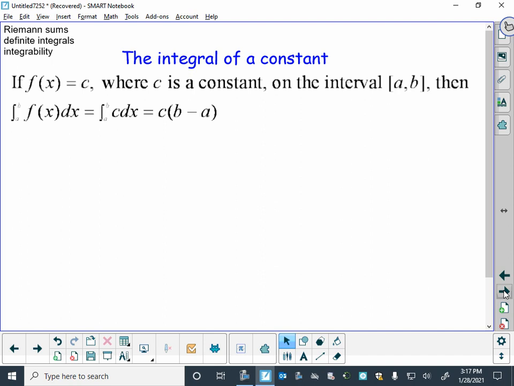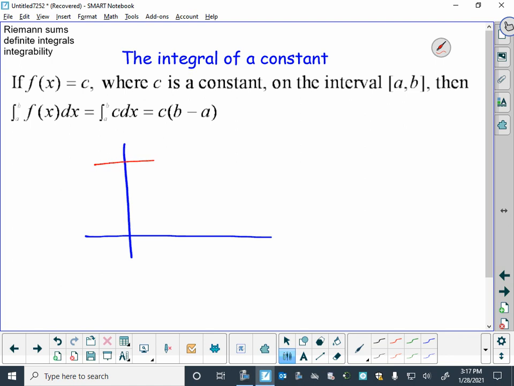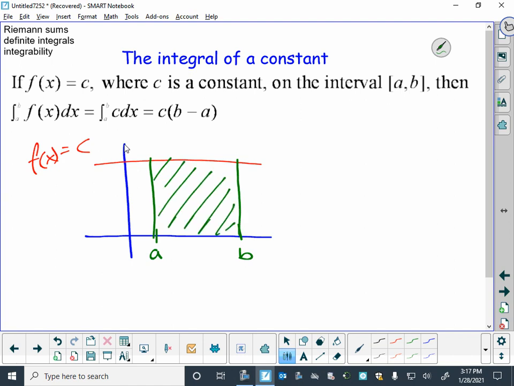All right. So here's a property, the integral of a constant. If we think about this, this goes back to our train problem at the very beginning. If we have a function that is just a constant, f of x equals c, and we go from some a value to some b value, well then what we're getting is just a rectangle, and the width of that rectangle is b minus a, and the height of it is c.